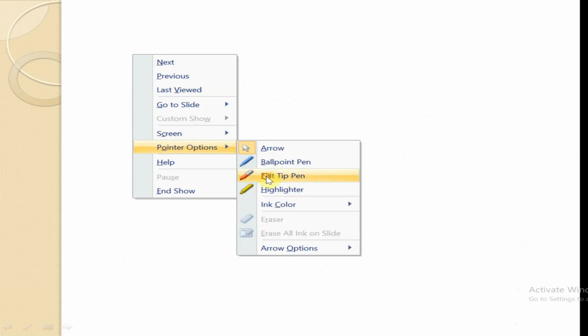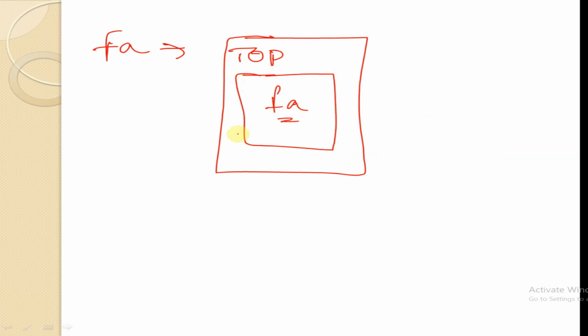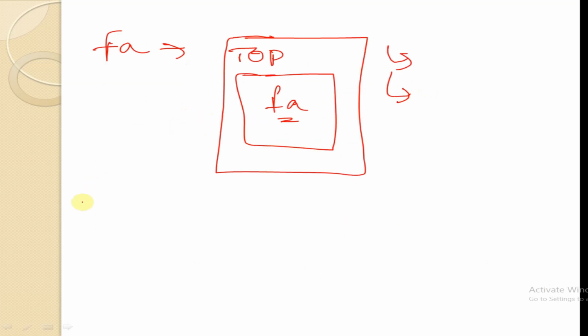So if I want to include this full adder in a top module, I have two options available for me. Let us see name based instantiation first.